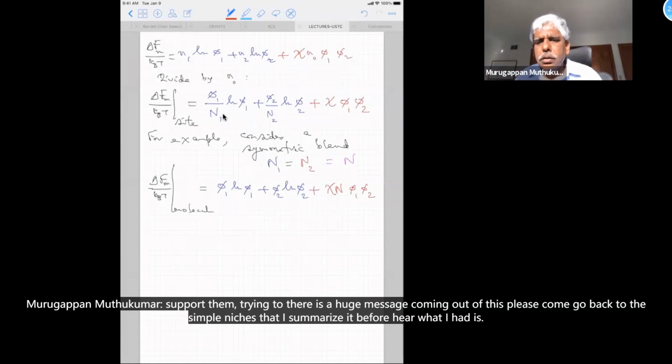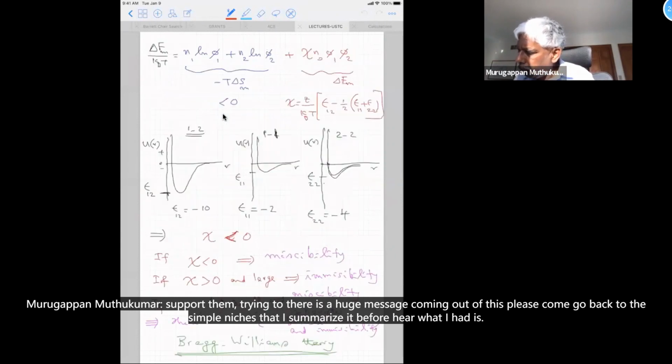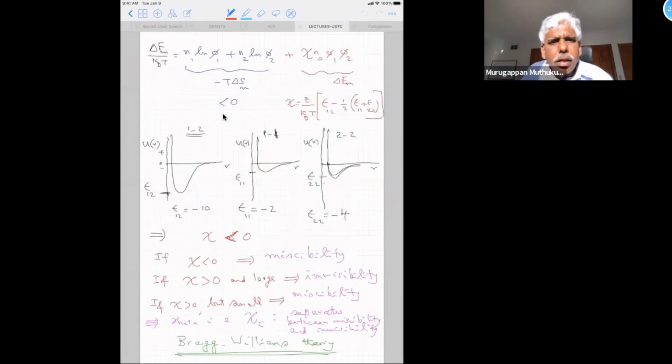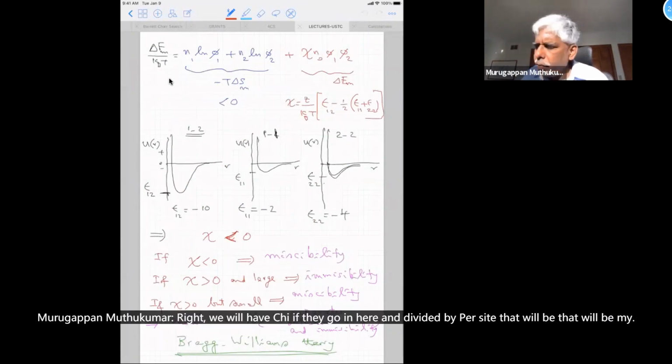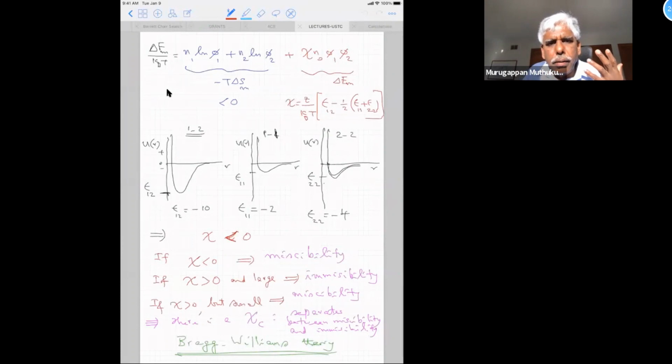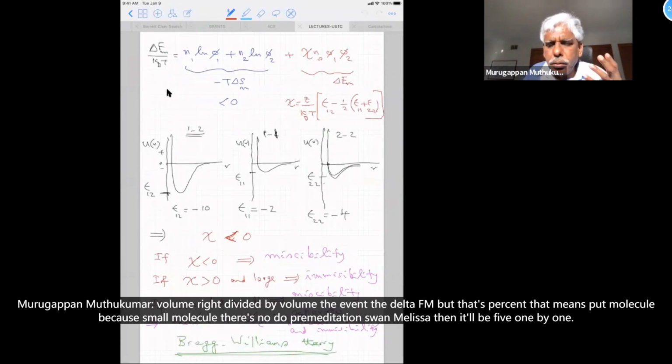There is a huge message coming out of this. Please go back to the simple mixtures that I summarized before. Here, what I had is per molecule, we will have chi. If I divide by volume, that means the delta Fm per site.